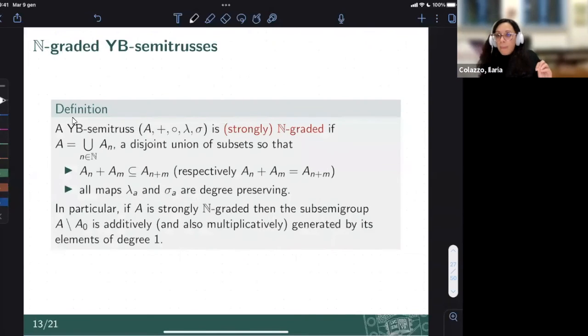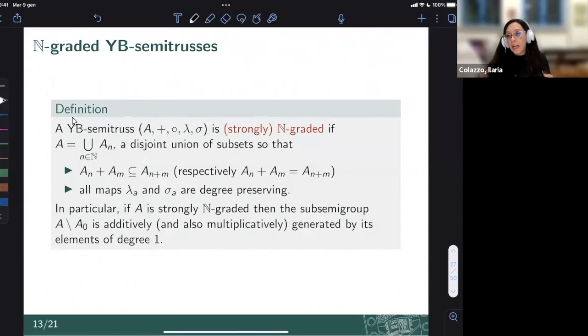So the core of our proof is based on the fact that the structure monoid is a YB-semitruss, but actually the structure monoid is more. In fact, we can define in a natural way the concept of YB-semitruss as strongly n-graded.